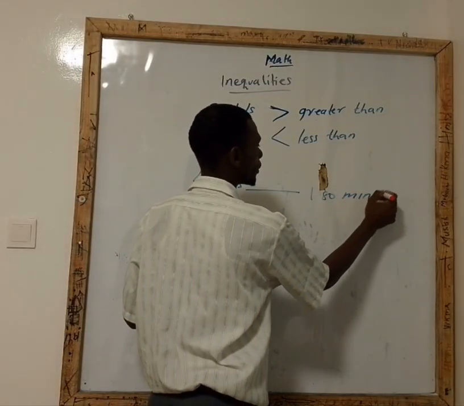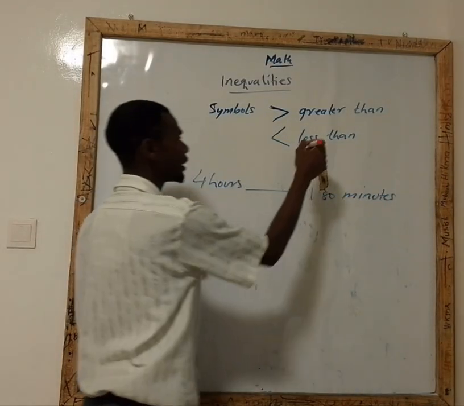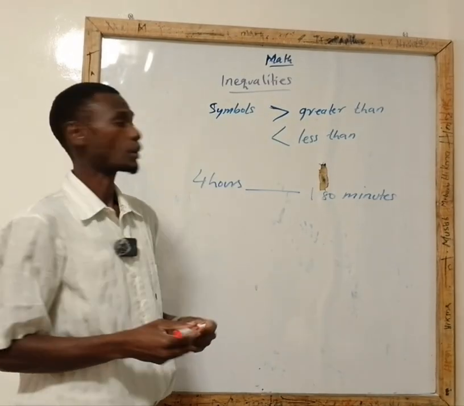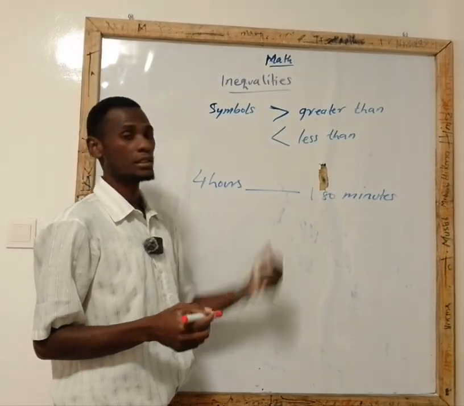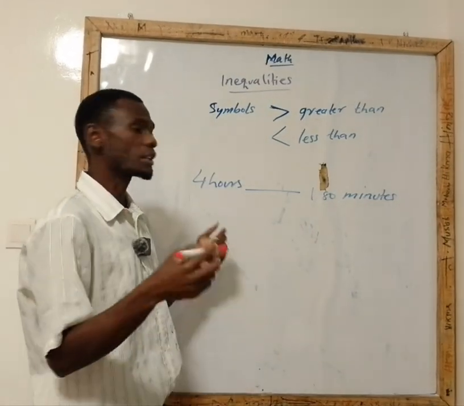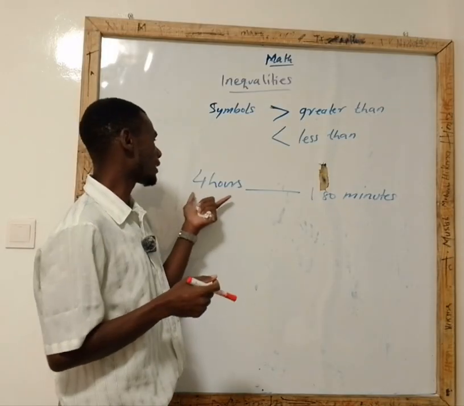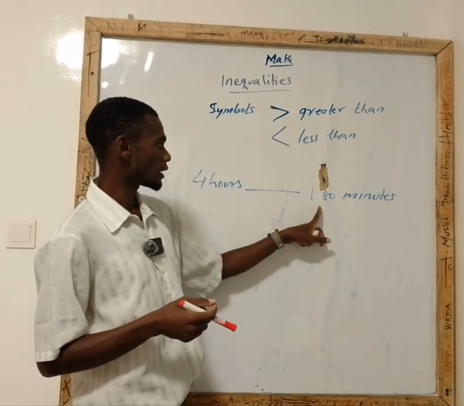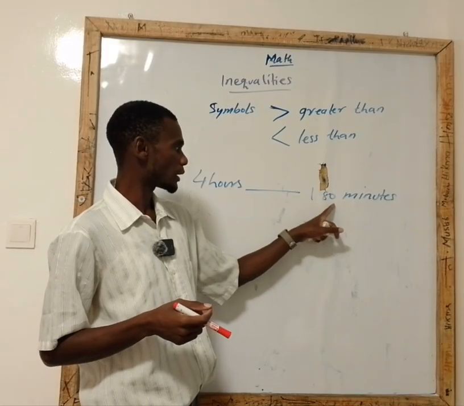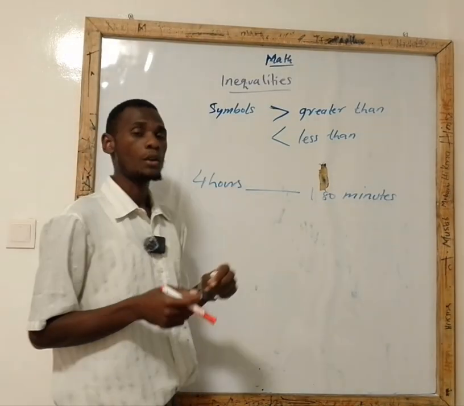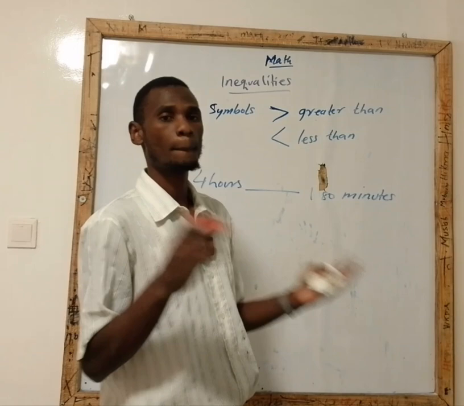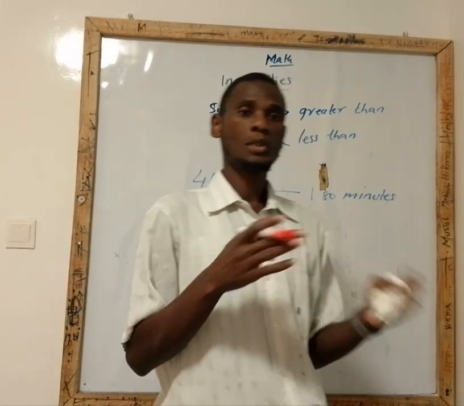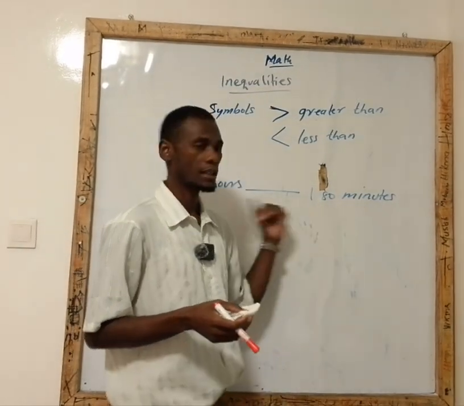You are told to use the inequality symbols to make this sentence complete. These are different units. These are hours, these are minutes. So you cannot look at the number 180 and say this one is more than 4 hours. No, you have to change them. You can only compare same units. You cannot compare minutes and hours.